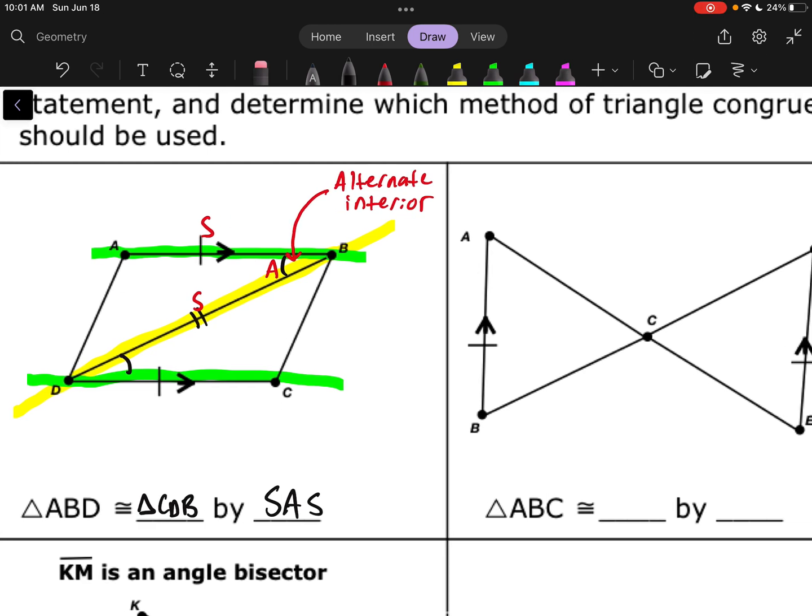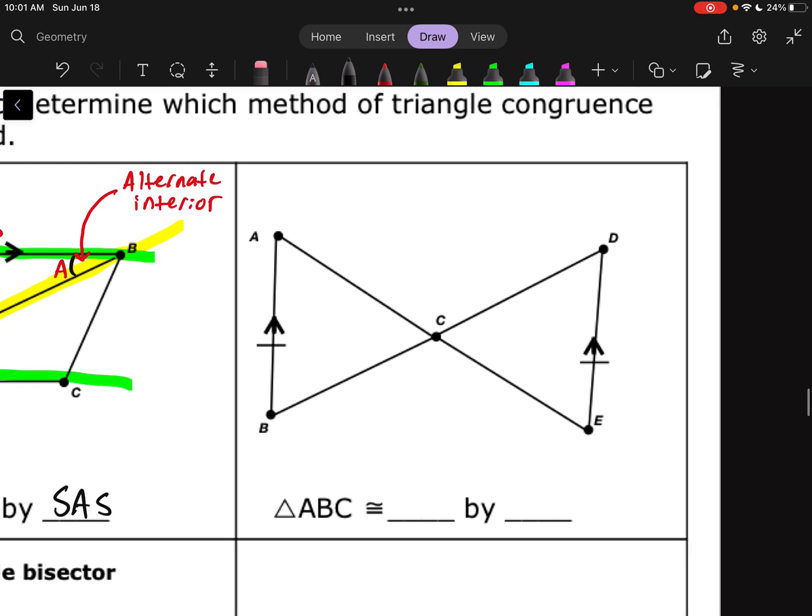Okay, our next one over here. We've only got one congruent thing right away, just side AB being congruent to side DE. But hopefully you see our good friends, the vertical angles, right? That's one free thing we can get. So now we have two sets of congruent things. And then once again, we have these arrows. These are my parallel lines.